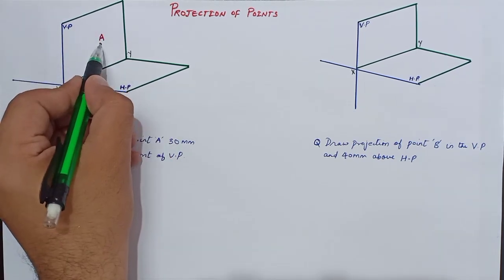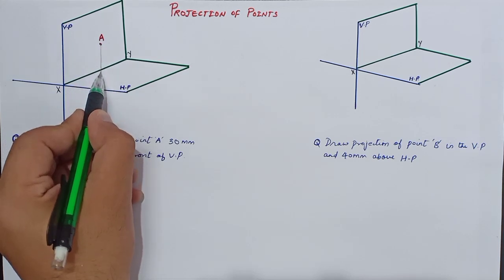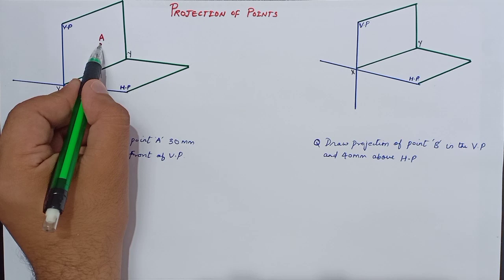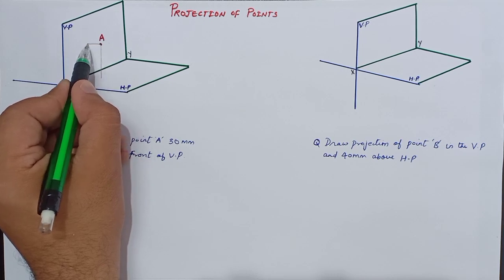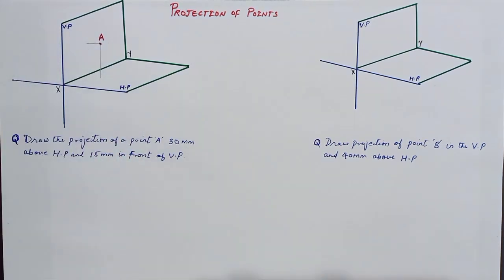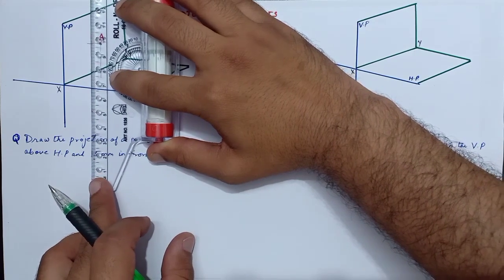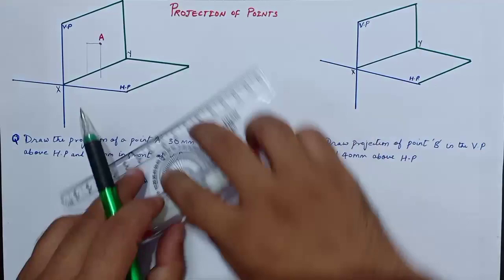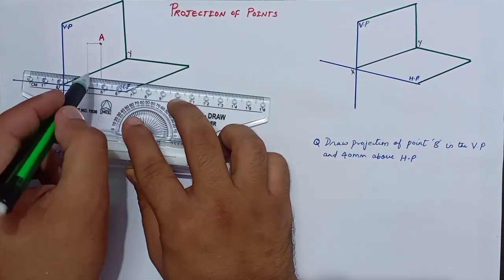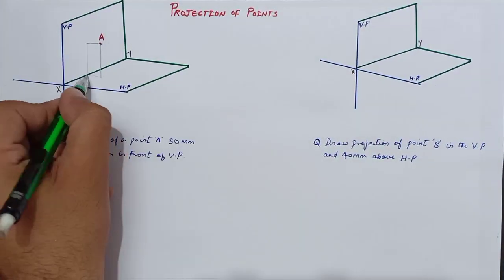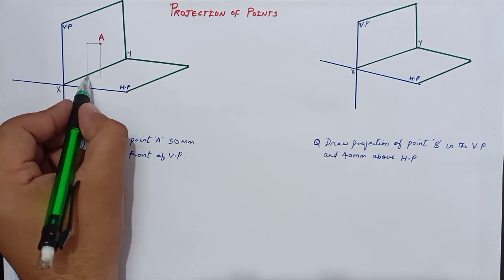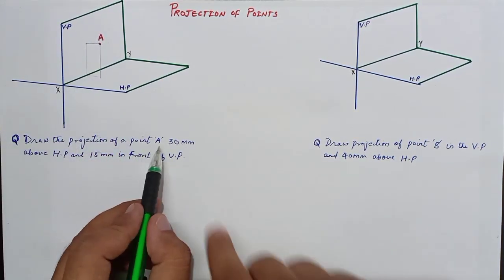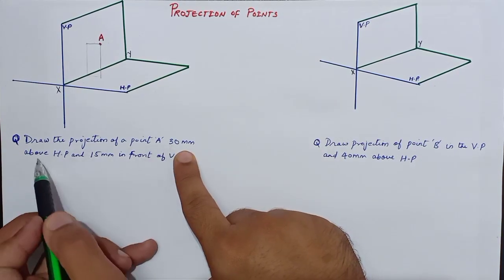now extend point A on the horizontal plane, then extend point A on the vertical plane. Now projecting these points on reference line XY, when we measure the distance from reference line XY, we see that the point A is 30 mm above HP.